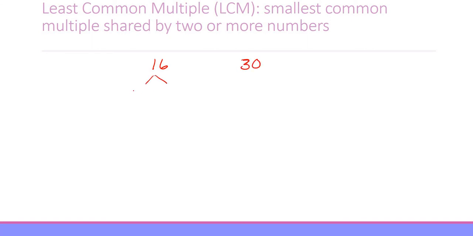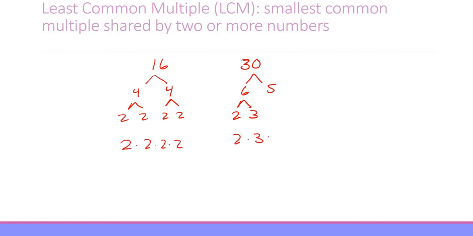Okay, the factors of 16 are 4 times 4, 2 times 2 times 2 times 2. 30 is 6 times 5, 2 times 3. So I've got 2 times 2 times 2 times 2 times 2 times 3 times 5.